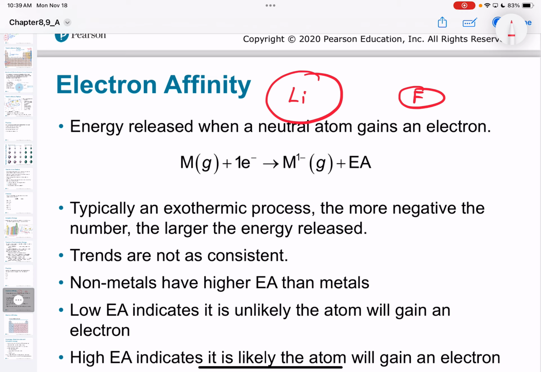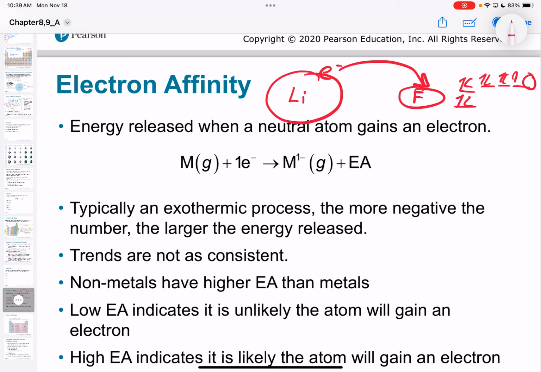Lithium and fluorine. Lithium is big. It's got this electron there. Fluorine is small. It has a spot available for an electron. Remember, this is all filled in, but it has one open spot. And you look at that lithium, and it's looking at things, and it's like, I can be way closer to the nucleus with fluorine. The closer you get to the nucleus, the lower in potential energy. And so it just skips out and goes over to fluorine.